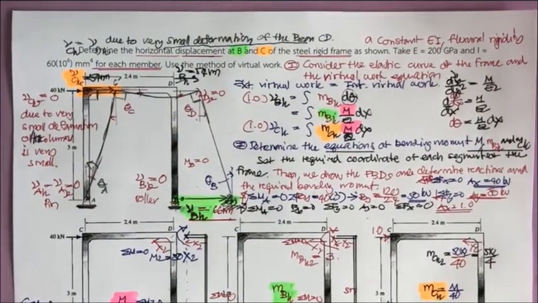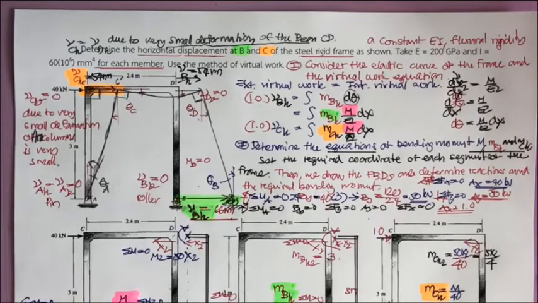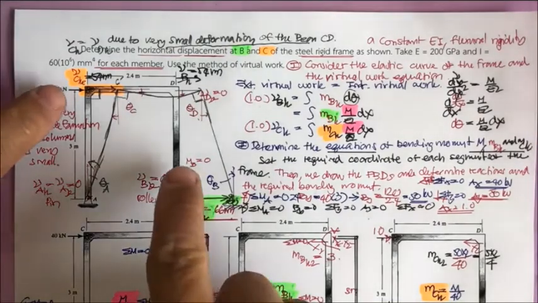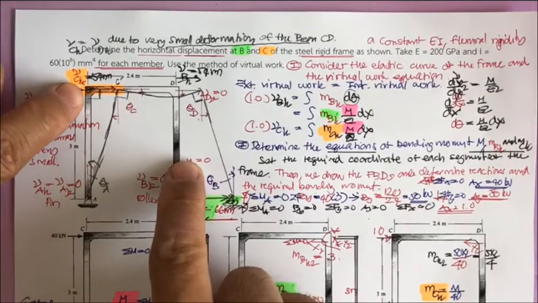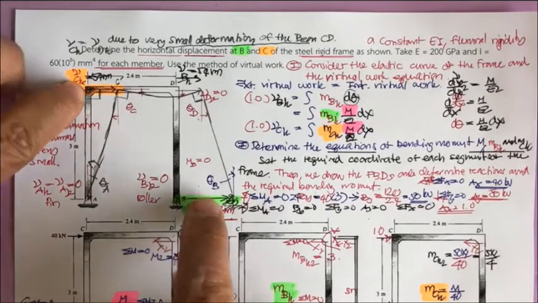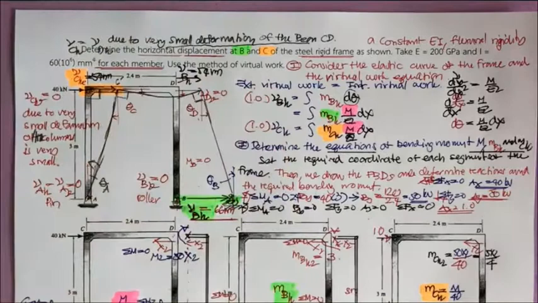That is the end of the demonstration of finding the displacement of the frame based on the unit load method, or you may call it the moment method of virtual work. Okay, that's it.